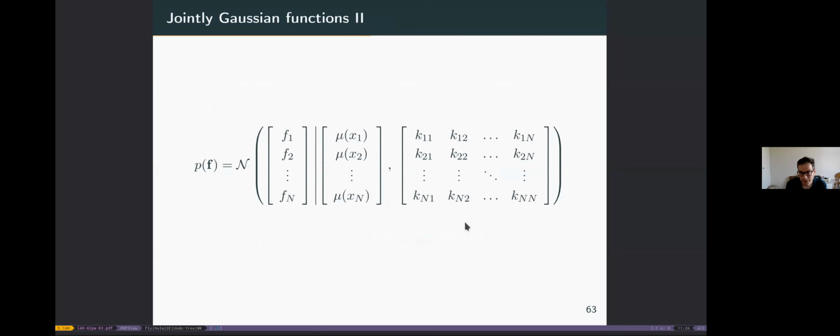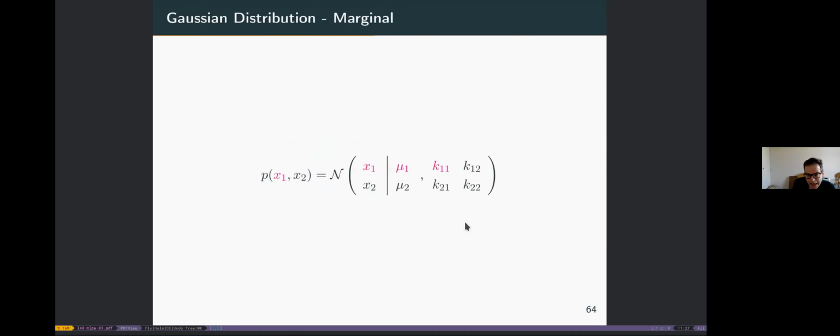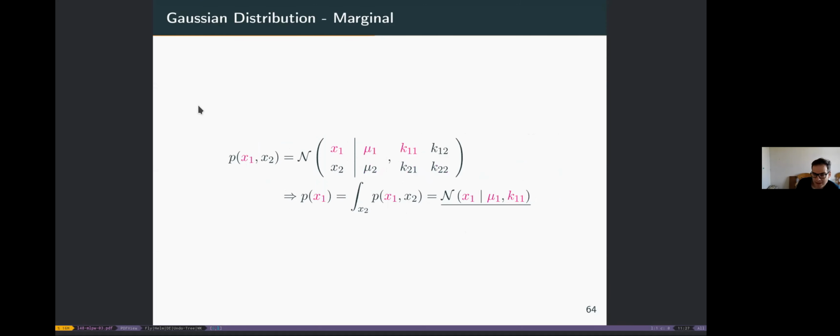Now comes the really, really cool thing about the Gaussian distribution. We need to see what the marginal distribution looks like. Again, this was in the worksheet, so you might have proven this as well. If I take a two-dimensional Gaussian in this case, that just has means mu1, mu2, and this covariance, and I pick out the marginal distribution over x1 by integrating out the others, I get this.